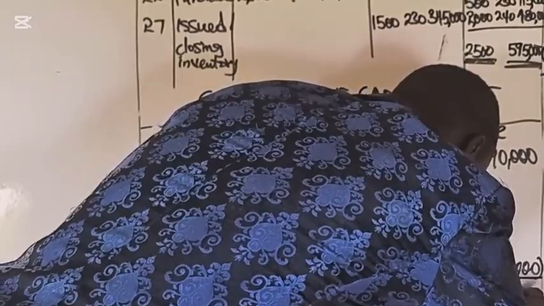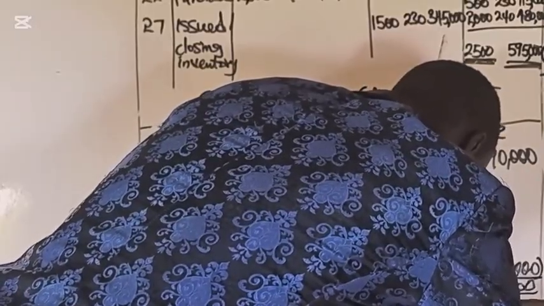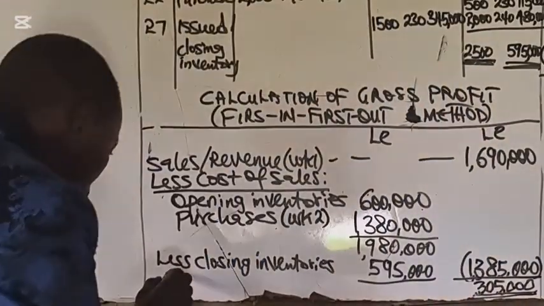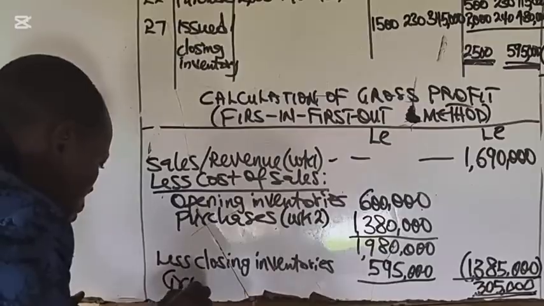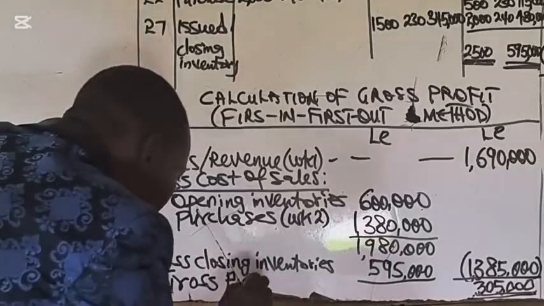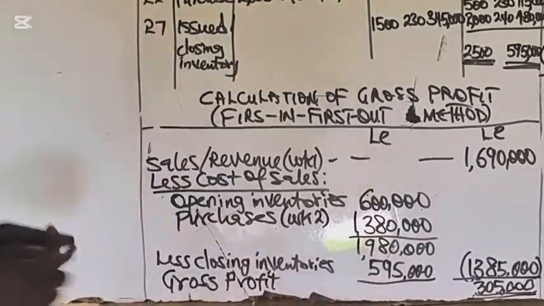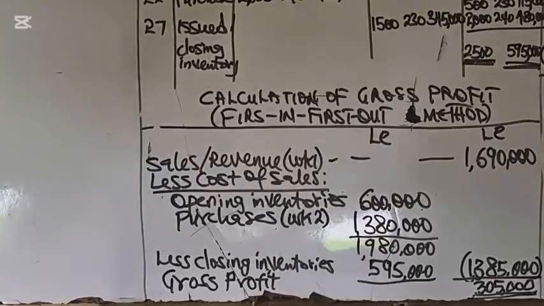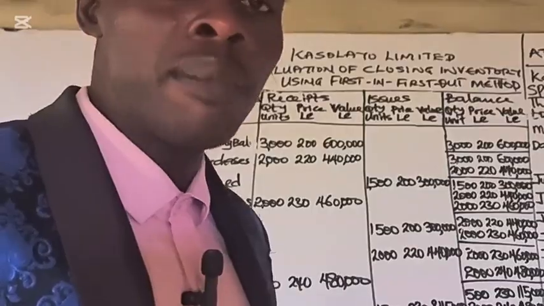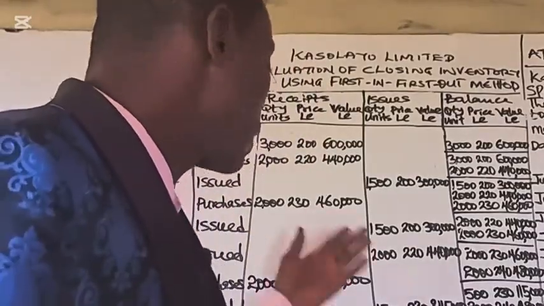That is our gross profit. So we have the gross profit of 305,000 Leone. This marked the end of the solution to the question.